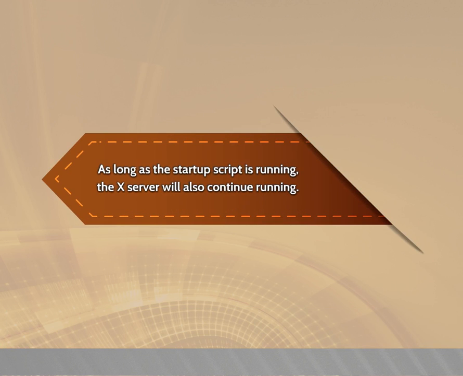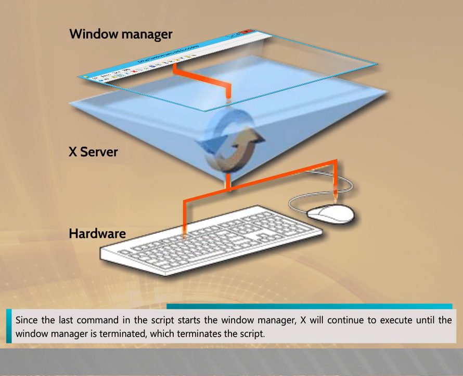As long as a startup script is running, the X server will also continue running. Since the last command in the script starts the window manager, X will continue to execute until the window manager is terminated, which terminates the script.